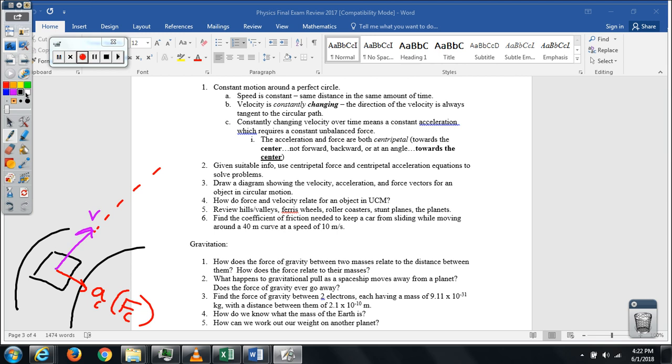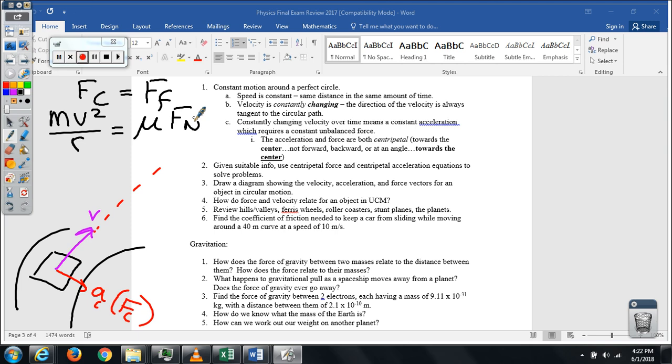So we have a situation here where Fc is equal to friction. That's what's keeping the car from slipping and moving out of the circle. Well, since Fc equals mv squared over r, and the frictional force equals mu Fn, we can work out what mu is.